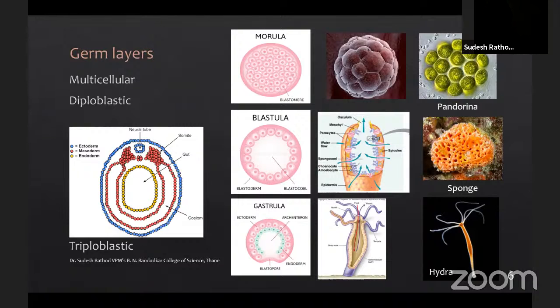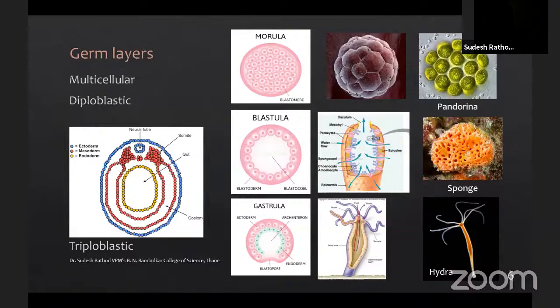This is also a dinoflagellate, and it shows exactly a colony, with an appearance like a morula. So it indicates it relates to morula, isn't it? So in this organization the germ layer is single, or rather it is not defined. In morula, the germ layer is not defined.